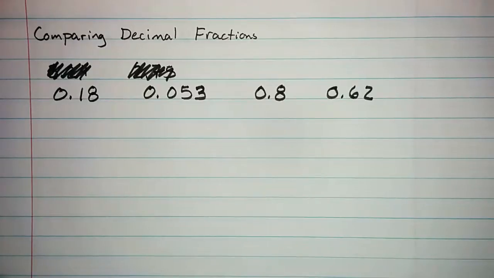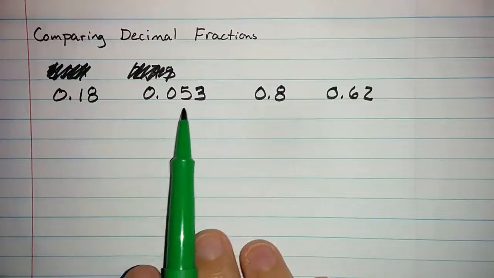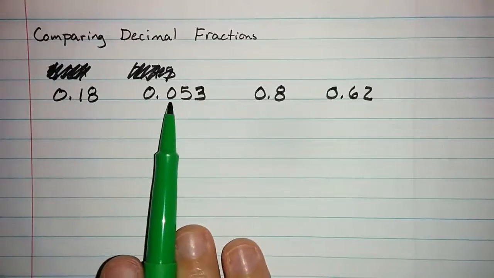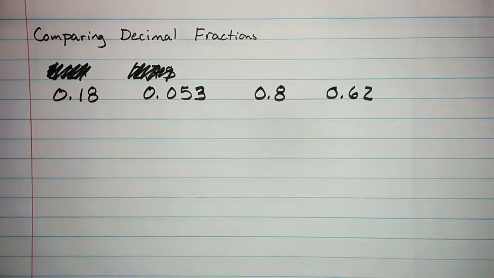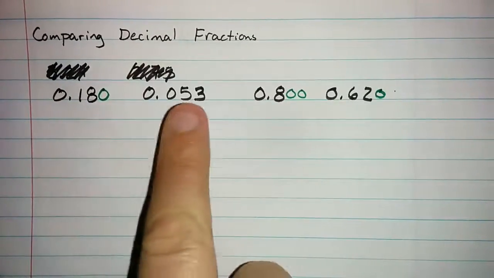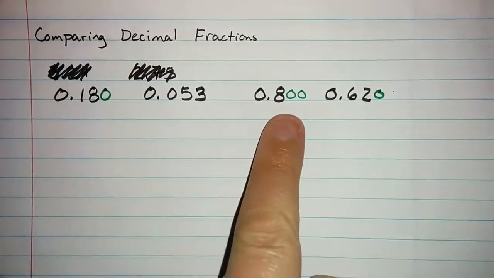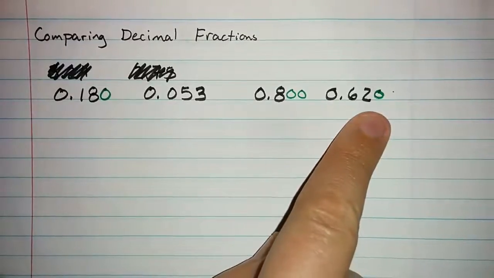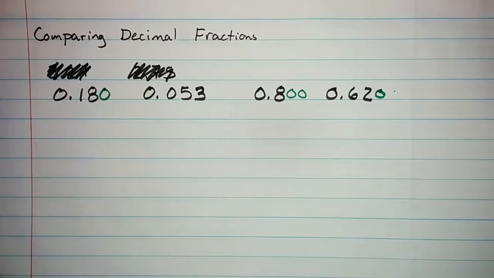Well, we can easily write them with the same denominator, which I think my least common denominator will be a 1 followed by 3 zeros. My numerators then will be 180, 53, 800, and 620.